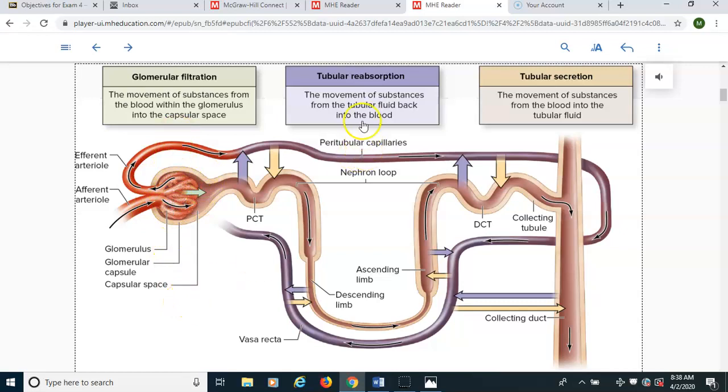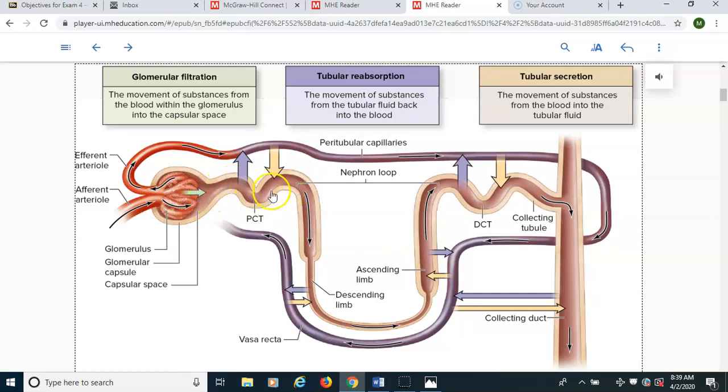All right, then the next two processes. Once we get that filtrate formed here, it moves into the tubules, and we start calling it tubular fluid, but it's technically not urine yet. If we were to lose everything that was filtered, we would be in a lot of trouble, because one of the big things that gets filtered is all the water, almost all of it.